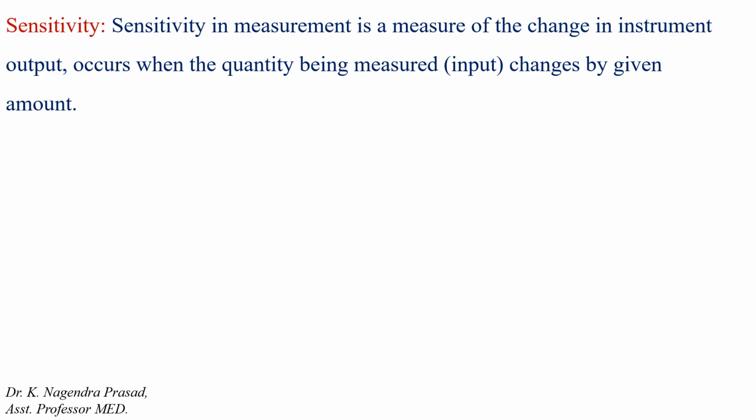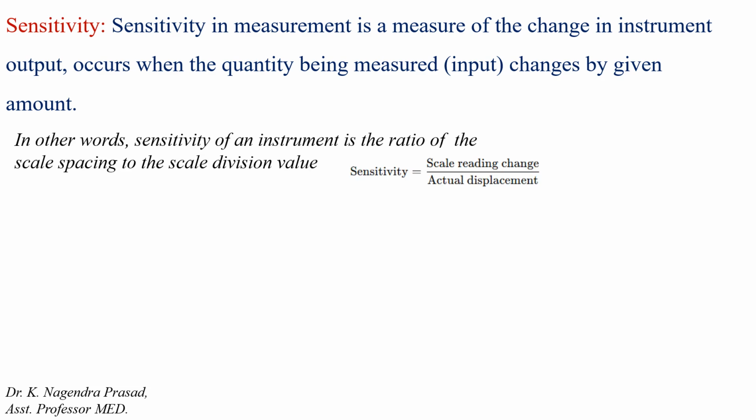Sensitivity in measurement is a measure of the change in instrument output that occurs when the quantity being measured changes by a given amount. So, sensitivity in measurement means how much the instrument's reading changes when the quantity being measured changes by a certain amount.